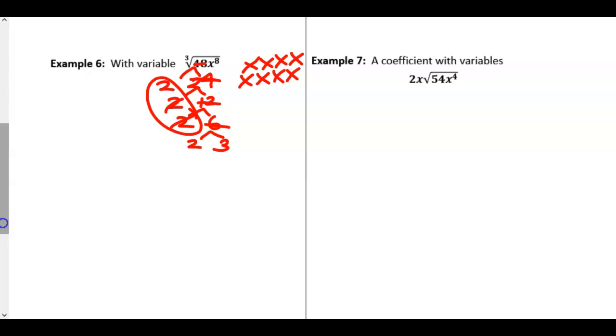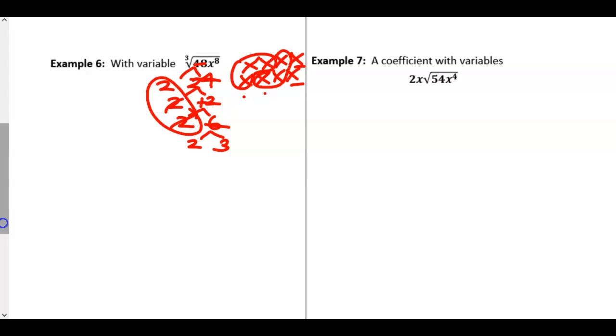I was talking about this x. See how it says x to the 8? So that's why I drew 8 x's. Now I'm going to circle 3 of them, 3 at a time. So here's a triple, here's a triple, and then 2 left over. So I got 2 loner x's, and then I got 2 triples.